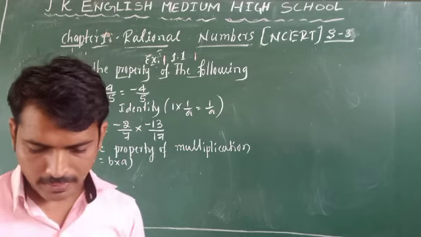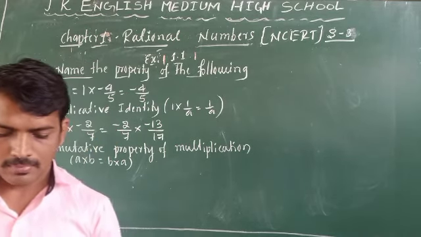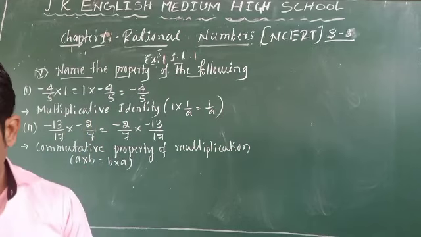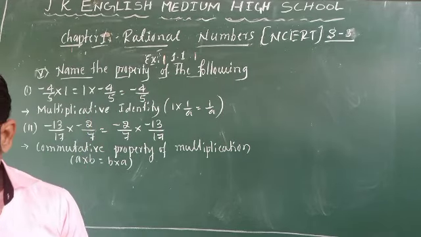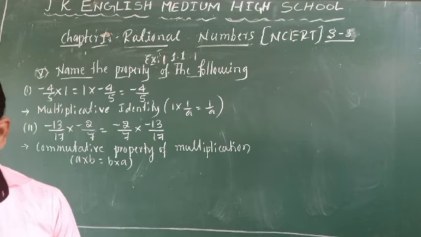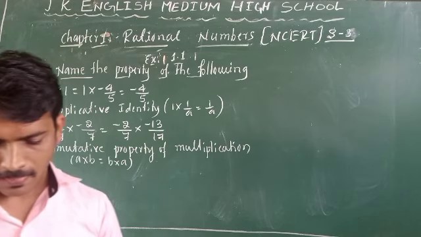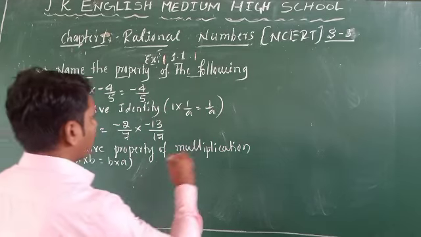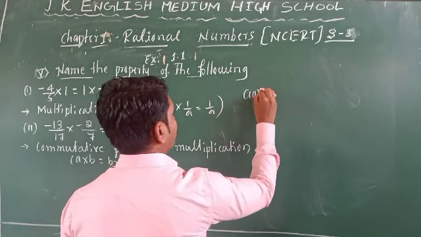Minus 19 by 29 into 29 by minus 19 is equal to 1. Correct? So right here, question number 3.